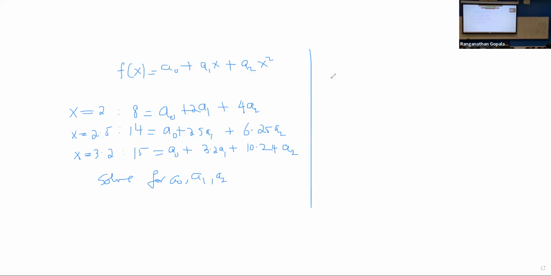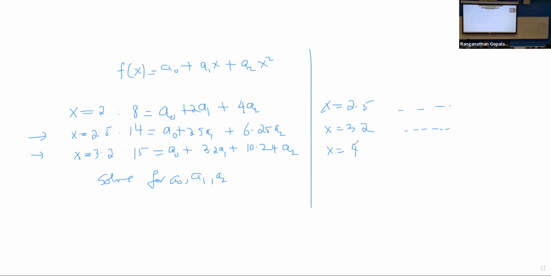Now my other group, stencil 2, your x values are 2.5, 3.2, and 4. And since you go second, you can copy these two equations and put them as equations 1 and 2 in your column, because it's the same data points. And for x equals 4, what is f of x? 8.